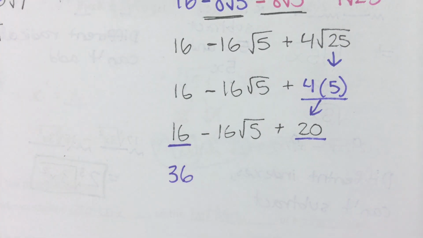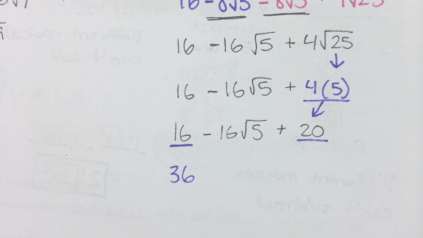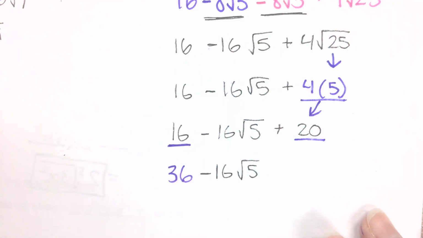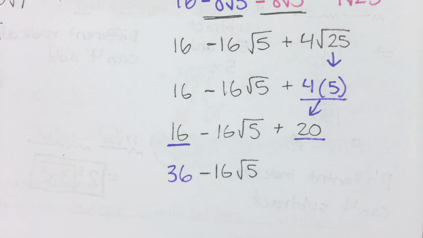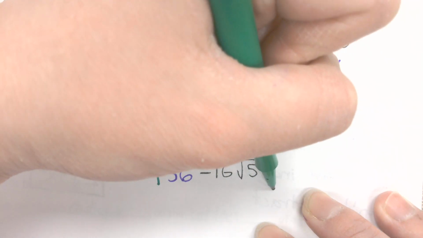So if you're thinking about this as you write, make sure you put the 36 first, then bring this down. Don't do it the other way around. On a test or a quiz, though, that's not something I would take points off for. Now, this is our final answer. We have nothing left that we can do.